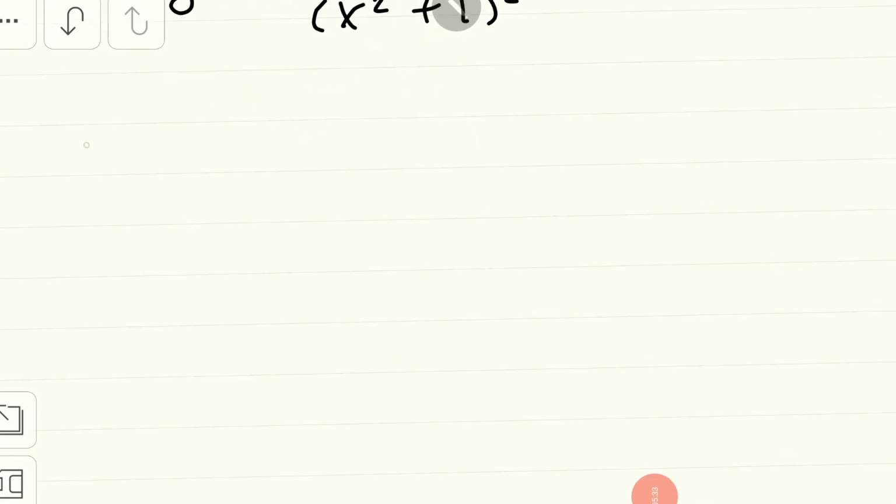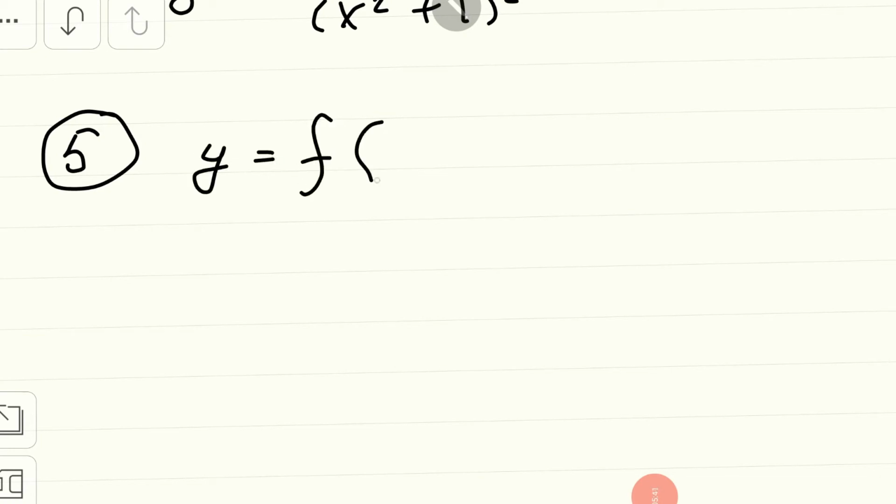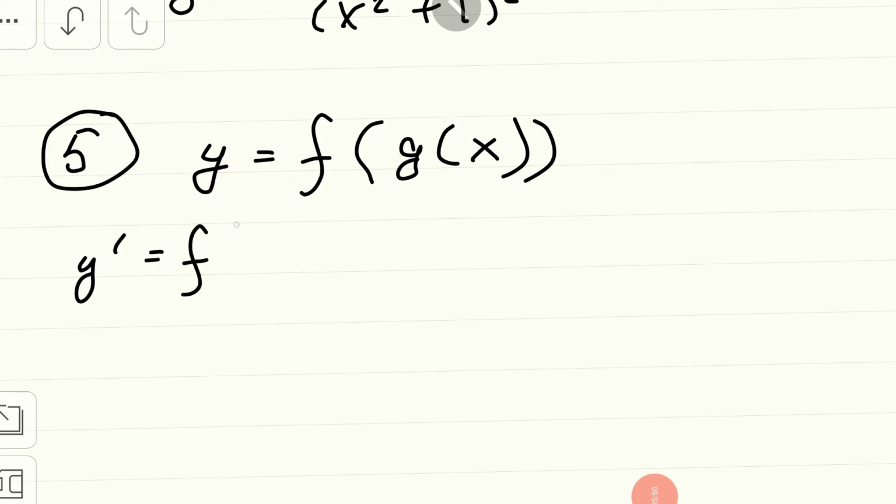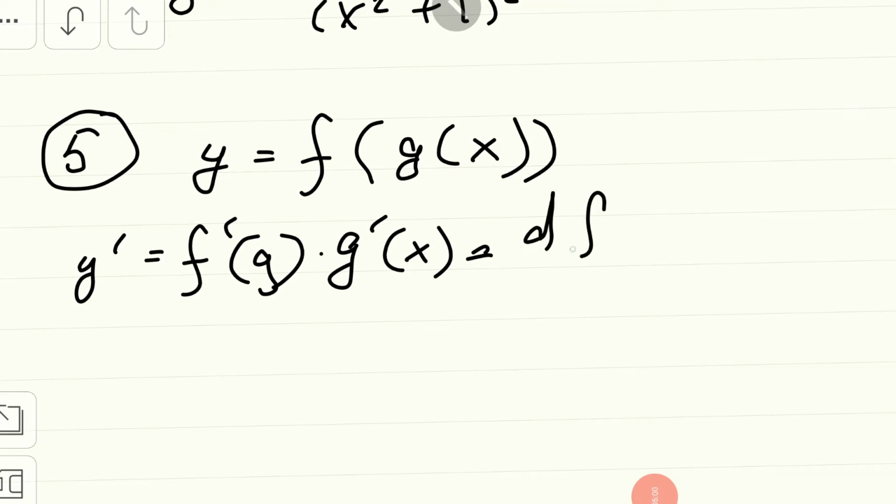Last rule, chain rule. If you've got one function of another function, for example y equal f of g of x, then the derivative of this function y prime will equal f prime of g times g prime. Or in Leibniz notation, it will be df over dg times dg over dx.